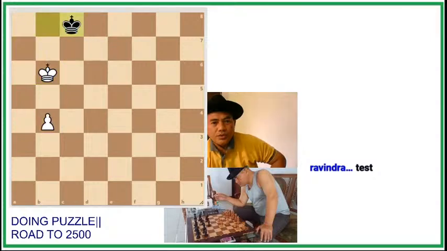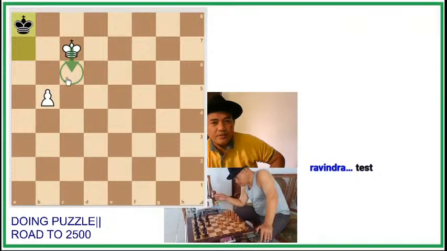So when black goes here, then it's also a win for white. If you go here, of course you cannot go here because this is a draw. Then you can go to this key square and then promote the pawn.